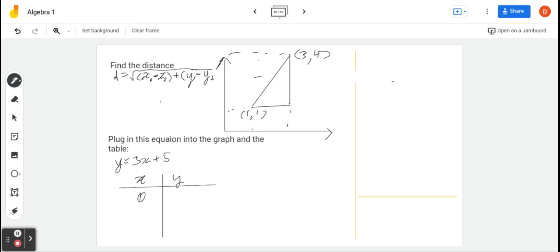Now do 0, 1, 2, 3. And in the graph over here, that's all they have to graph for now. 0, 1, 2, 3. I know it seems easy and obvious, but that's for the purpose.